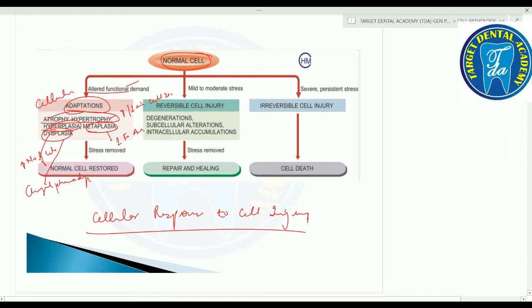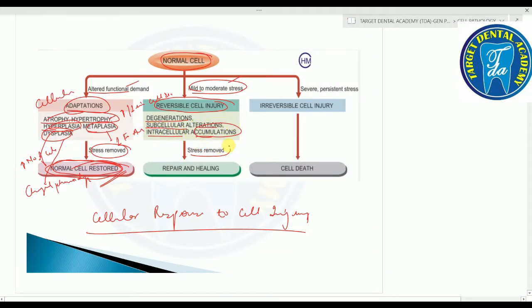Fine. So these all are the cellular adaptations which take place, and when the stress is removed, the cell is restored to its normal shape and size. Coming on to the second one, when the normal cell faces mild to moderate stress, the result will be reversible cell injury, which leads to degenerations, subcellular alterations and intracellular accumulation.